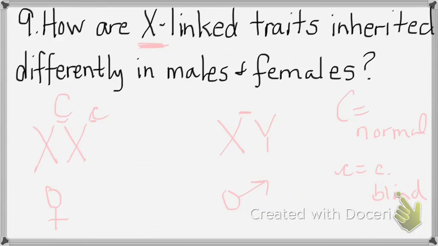Does she see in color or does she not? She sees in color. But here, if the male gets a big C, he sees normal, but if he gets a little c, he's colorblind. He only got 1 chance to see in color. Girls get 2 chances, right? So these things show up more often in males than females. Make sure that's in your notes, that X-linked traits show up more often in males than females.